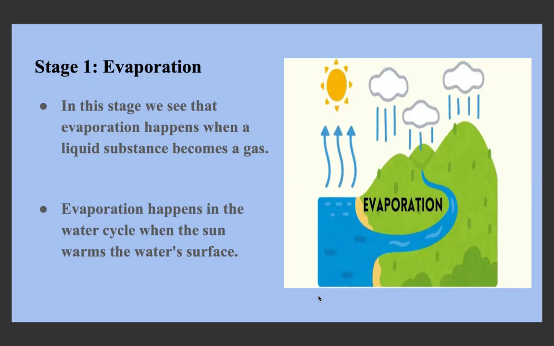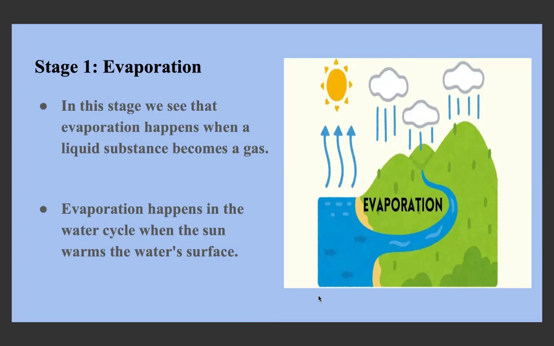This happens when the sun heats up water in rivers, lakes, or oceans, causing it to rise into the air. The water molecules gain energy and move faster, eventually escaping into the atmosphere as vapor. It's a crucial part of the water cycle, helping to move water from Earth's surface into the atmosphere.